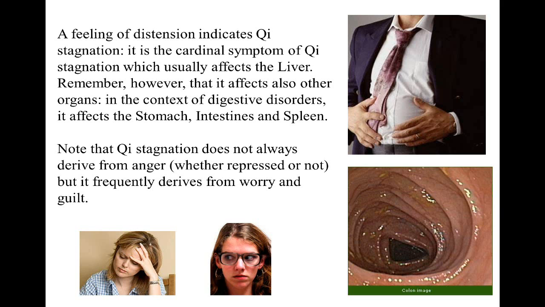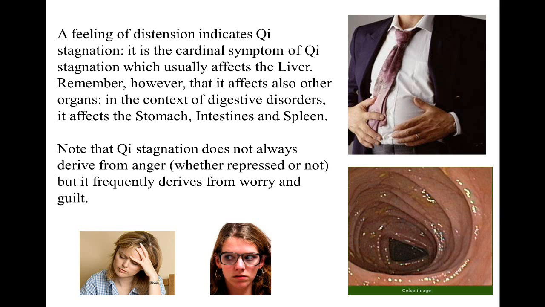One can have qi stagnation in the stomach, in the intestines, in the spleen, in the context of digestive problems. In other contexts, for example, mental emotional problems, qi stagnation is very common in the heart and lungs. So nearly every organ can suffer from qi stagnation, and they can suffer from it directly. It doesn't have to be through the liver.